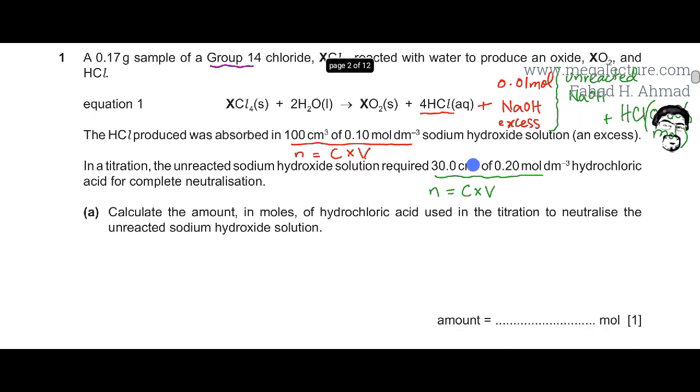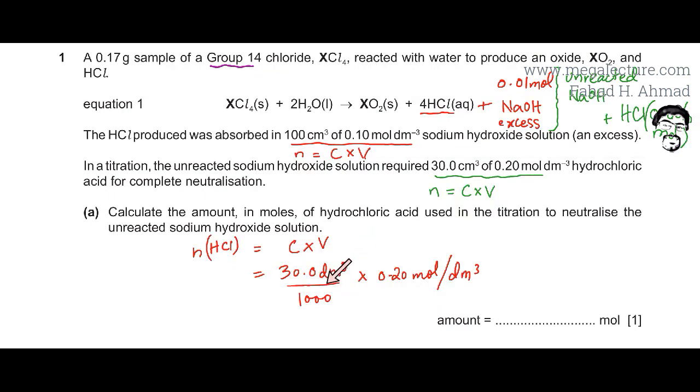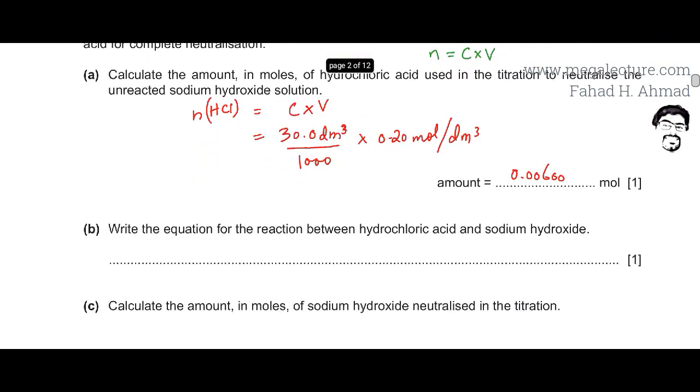I just need to add the working: 30 divided by 1000 dm³ multiplied by 0.2 mol/dm³. My answer comes out to be 0.006 moles.